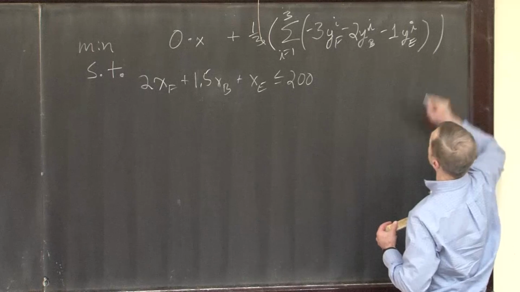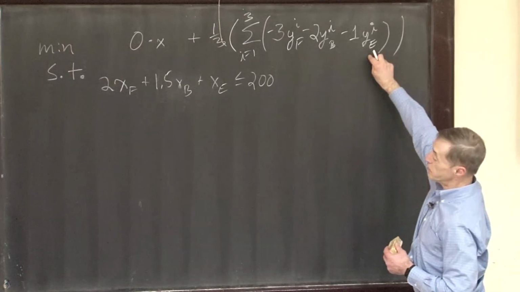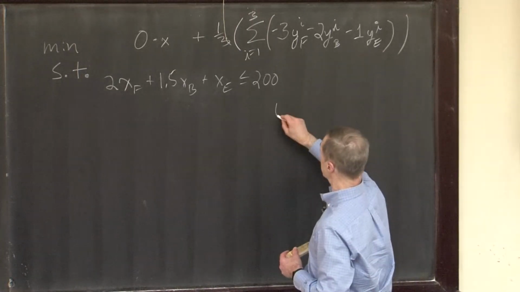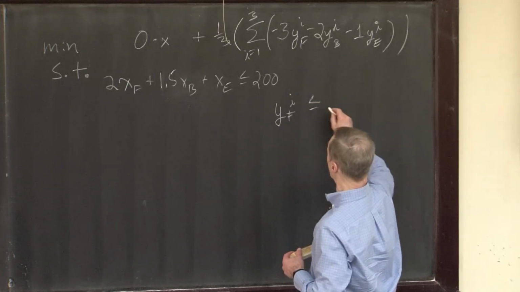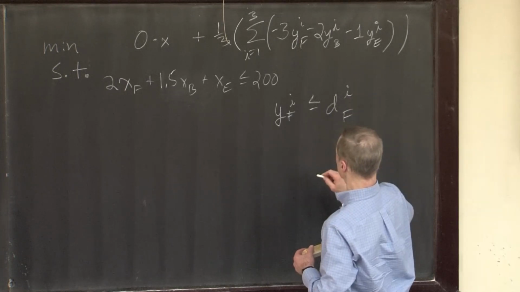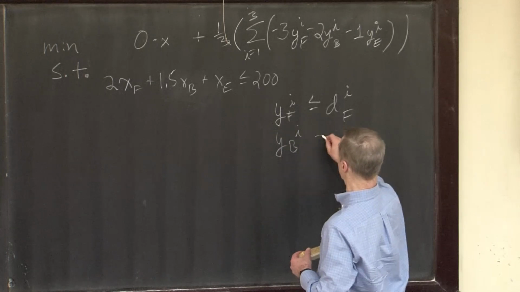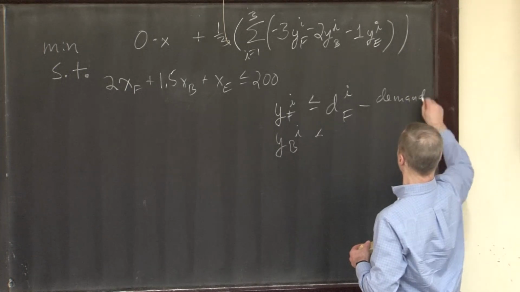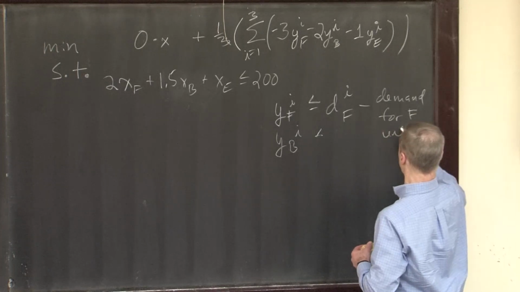Okay. And now these have to be constrained as well. What should be true is that the first class seats are no more than the demand for first class under each of these. The business class seats are no more than the demand. This is the demand for first class under scenario i.